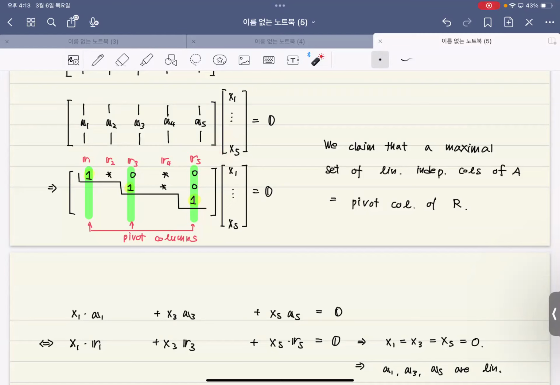Now I want to show you that these are actually the maximal possible linearly independent columns. In other words, if you try to add any more columns other than A1, A3, and A5, they are going to be automatically linearly dependent. Why?